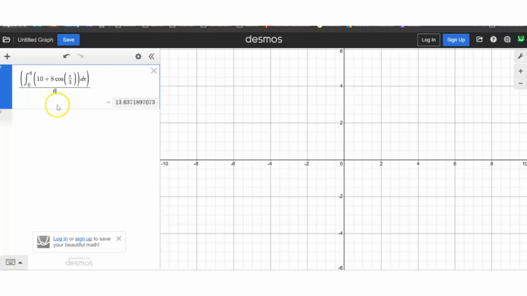Oh, I deleted them, didn't I? I already deleted them. Well, I have one of them. So it should be 50 plus the integral from 0 to 6... Oh, it's 5? Sorry. It's because I did 6 in the last question and I just didn't change it. My bad.